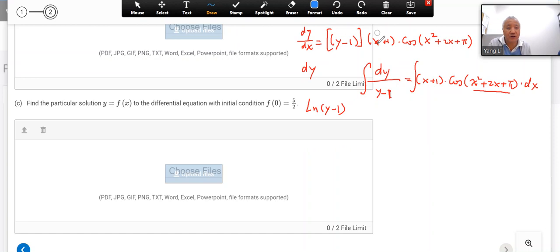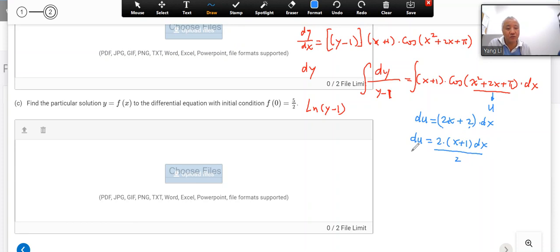I'm showing the substitution here. This one must be the u, okay? So u equals x squared plus 2x plus pi, and du equals (2x plus 2) dx. Then continue to simplify. You can factor the 2 out, so you get 2 times (x plus 1) dx.